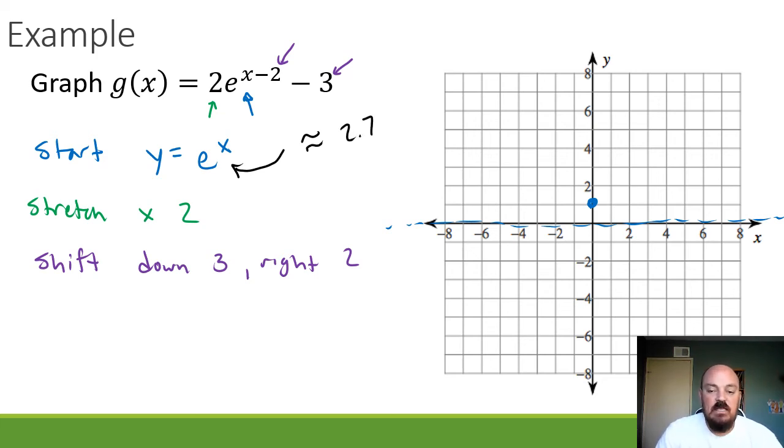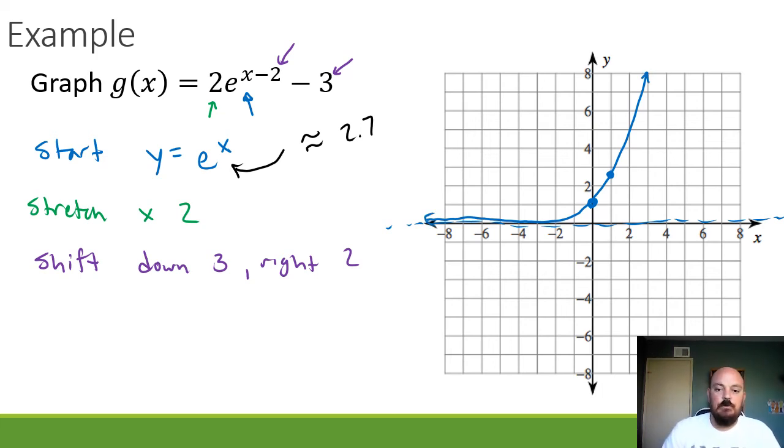So for my second key point, I'm going to go over 1 and up about 2.7, not quite all the way to 3. In fact, the graph of e to the x and 3 to the x looks so similar that if you weren't marking points, you wouldn't be able to tell the difference, because it's just a tiny difference. Okay, so e to the x looks like this. Almost exactly like 3 to the x.